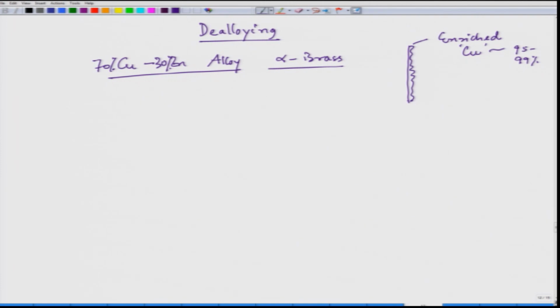Initially it was 70%, now it has gone to 95 to 99%, and the zinc content, which was 30%, has now reduced to 5 to 1%. So, here we call it dezincification. It has got another name, which is selective leaching.